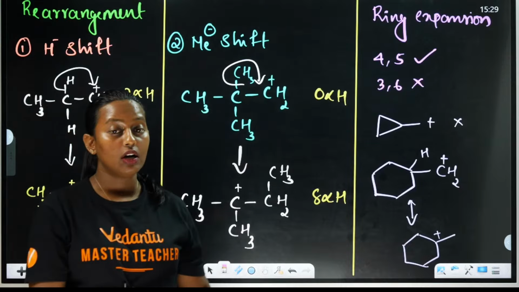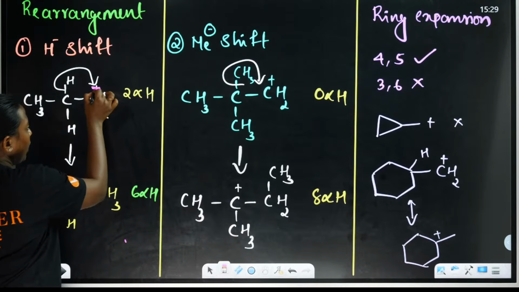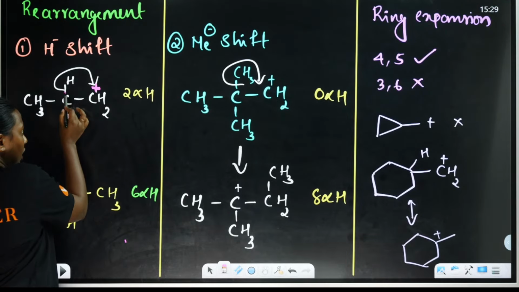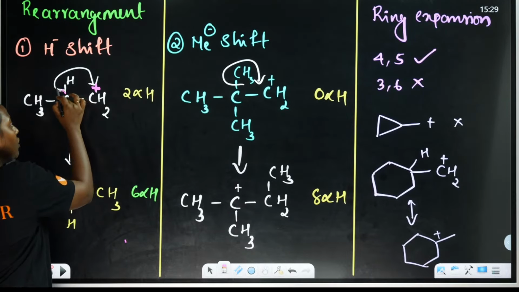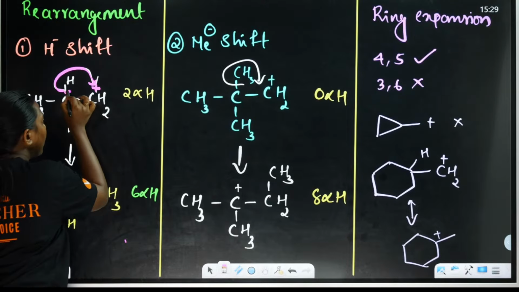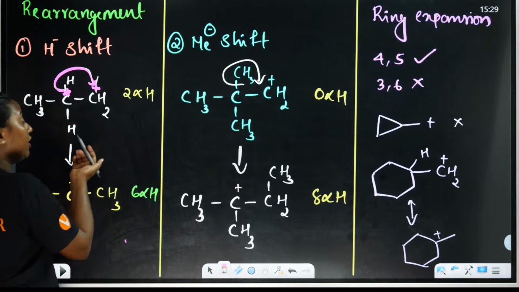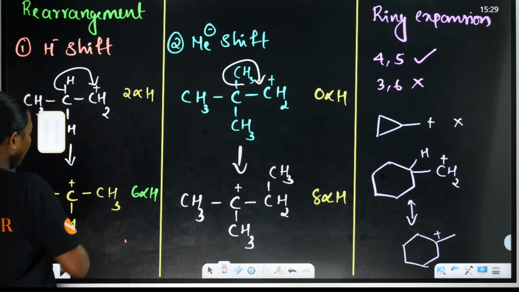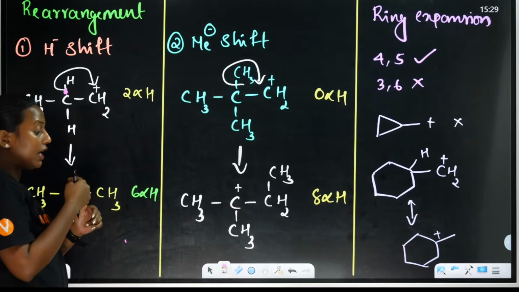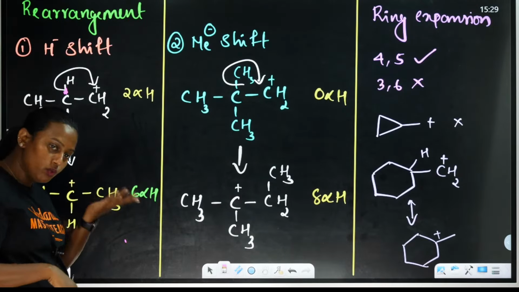Here you can see this is the carbocation. If the hydrogen shifts to this carbon, it will form a secondary carbocation. When you compare primary and secondary, secondary carbocation is more stable.